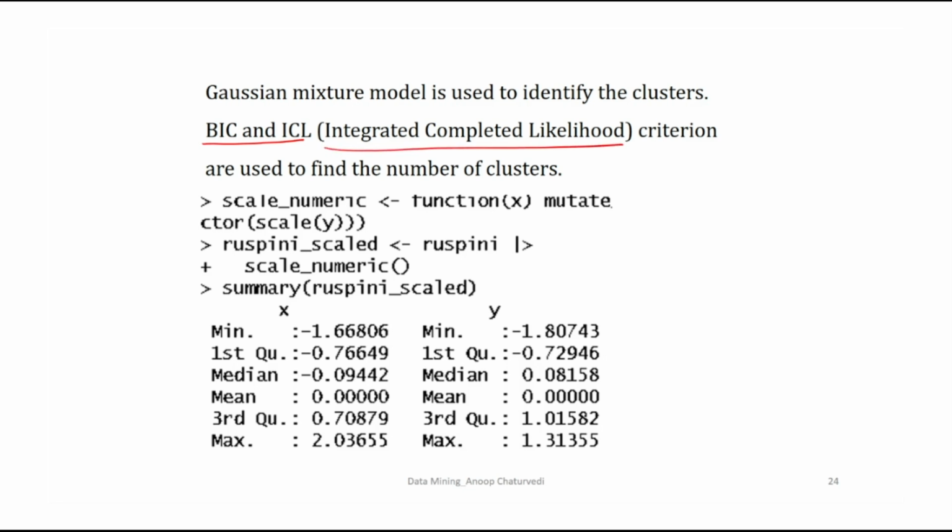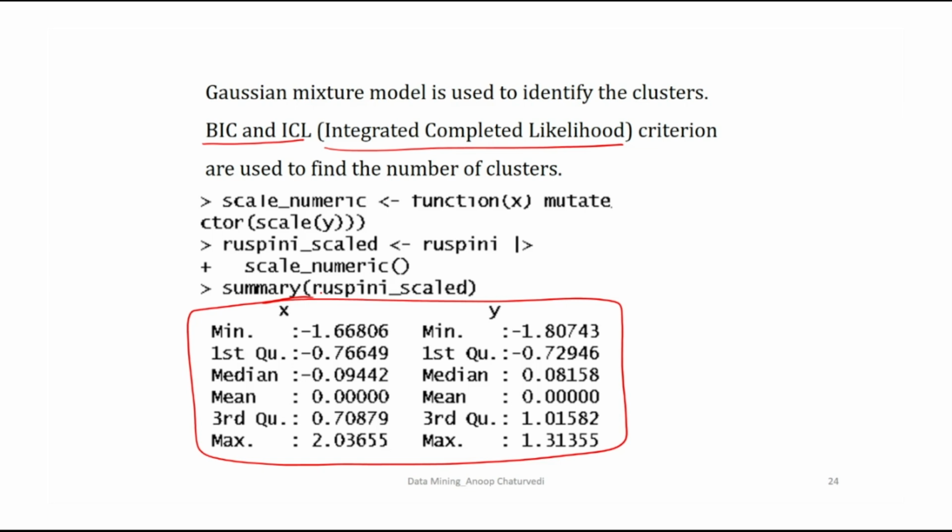And then this is the summary of the data. We have mean, median, etc. Actually, we have scaled the data, so obviously the means are 0 and variances are 1.